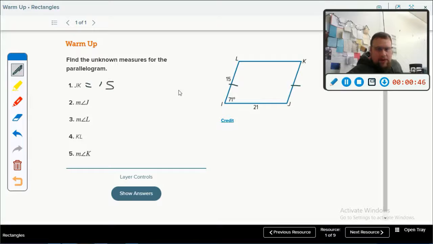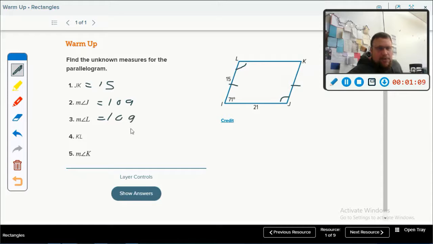And the measure of angle J is going to be supplementary to the measure of angle I, 71. So it's going to be 180 minus 71, which is 109. And then the measure of angle L is equal to the measure of angle J, so it's 109.